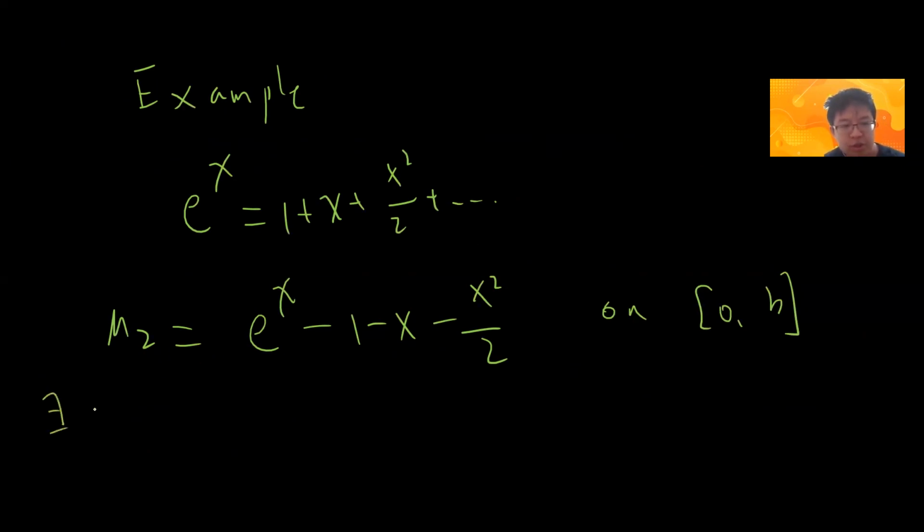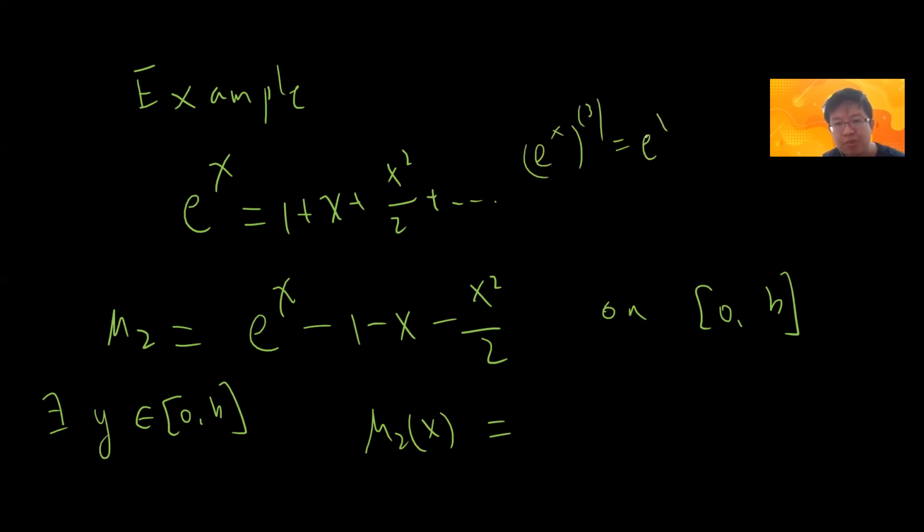By the theorem, we know that there is a y in (0, b) such that m2 of x is just the third derivative at some point y, divided by 3 factorial, times b to the cube.